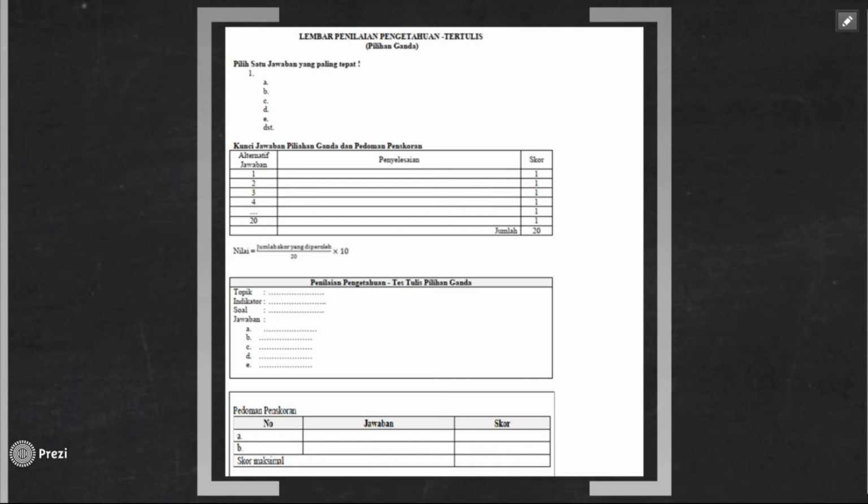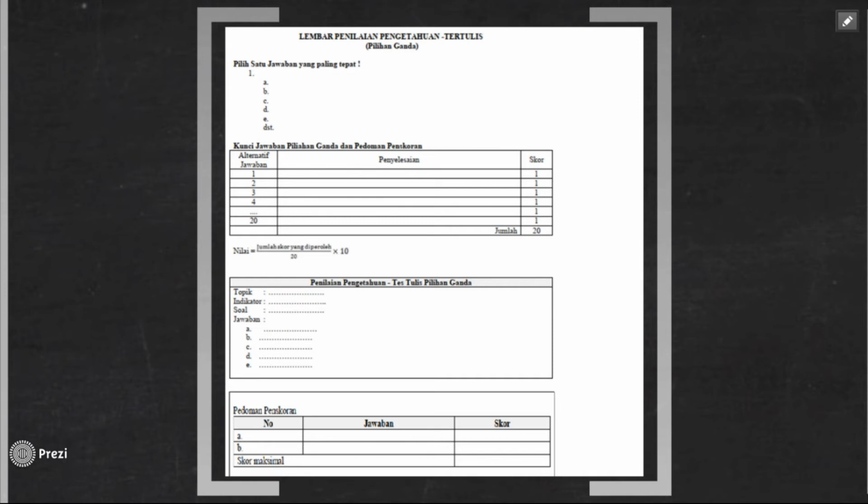If we see here, it's about multiple choice rubrics. It consists of the answer of the students, and then there are also alternative answers and how to answer or to solve the questions.